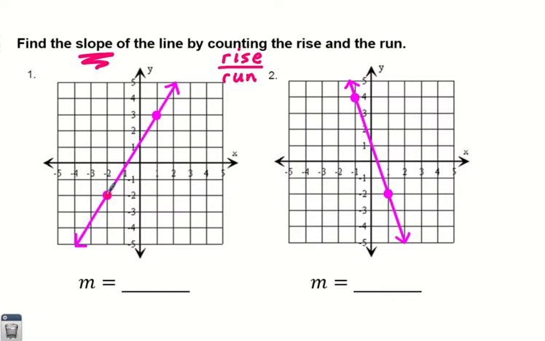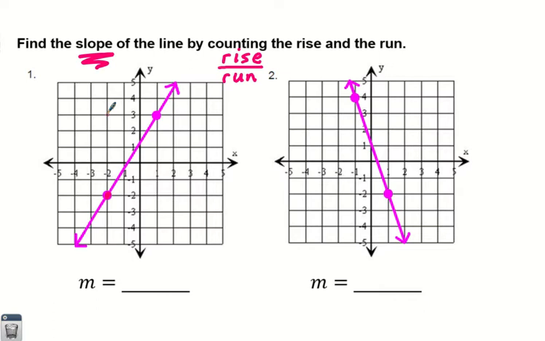And I'm going to first count my rise. Remember, the rise is up or down. So to go from this point to this point, I'm going to go up. Now watch how I count, because here's where you start. 1, 2, 3, 4, 5.